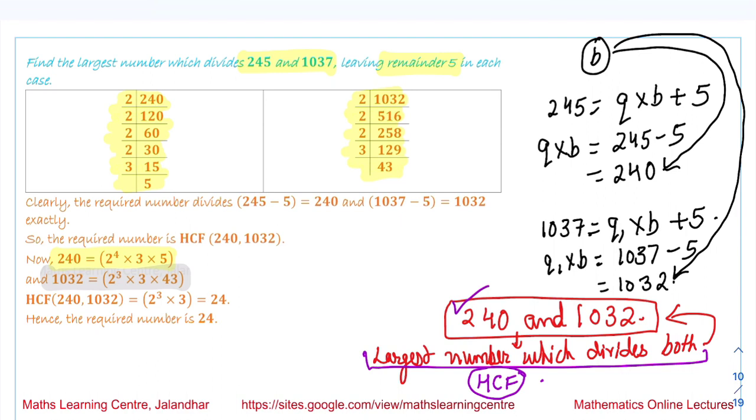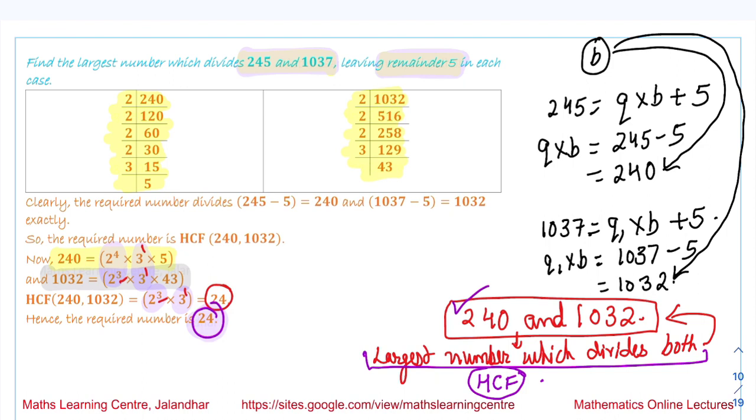So for the HCF, the common factors are 2 and 3, the lowest power of 2 is 3, and the lowest power of 3 is 1. The final answer is 2 raised to the power 3 into 3, that is equal to 24. So 24 is the largest number which, when dividing 245 and 1037, leaves the remainder 5.